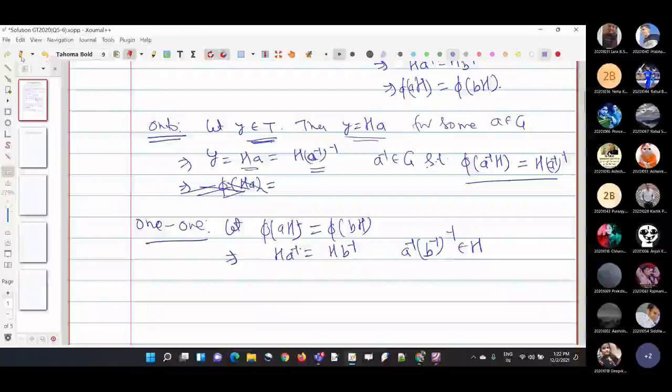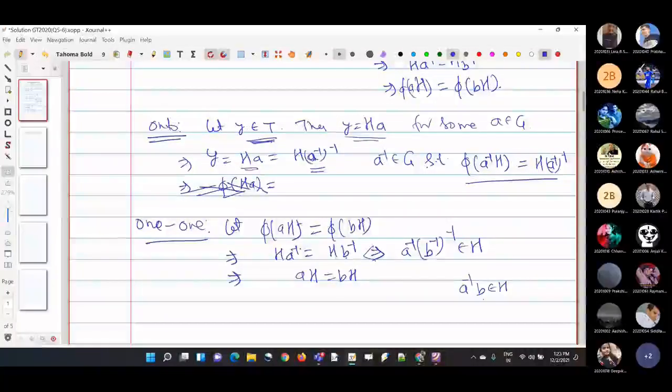So this belongs to H. Now, because this is an element of H, by definition of equality of two cosets, they are right cosets. So this holds if and only if this holds, and this holds if and only if aH equals bH. Now, from this how are you getting it, because inverse of b inverse is b.